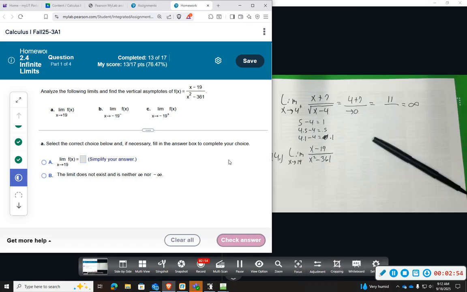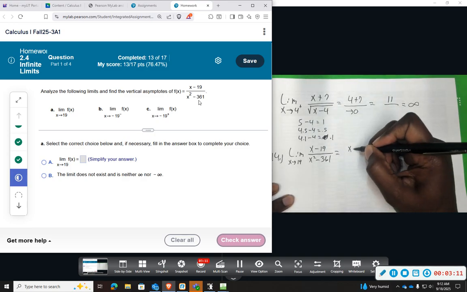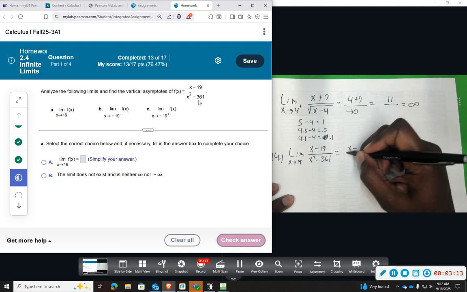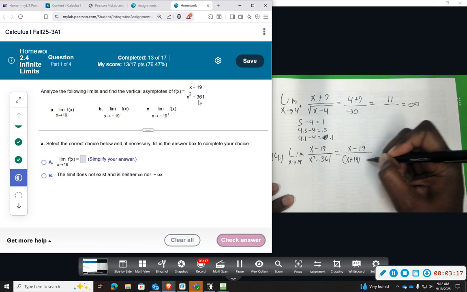The reason I'm looking at that is if I plug in 19, I get a 0 on the top, and I'll probably get a 0 on the bottom. 19 squared will give me 361, so I get a 0. Because of that, I can use difference of squares and factor this. So I can say x minus 19 over x plus 19 times x minus 19.